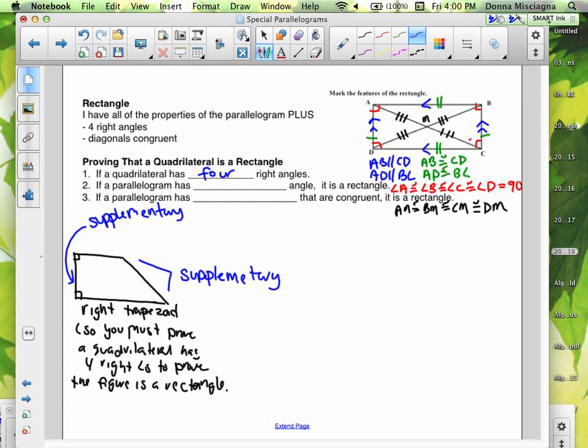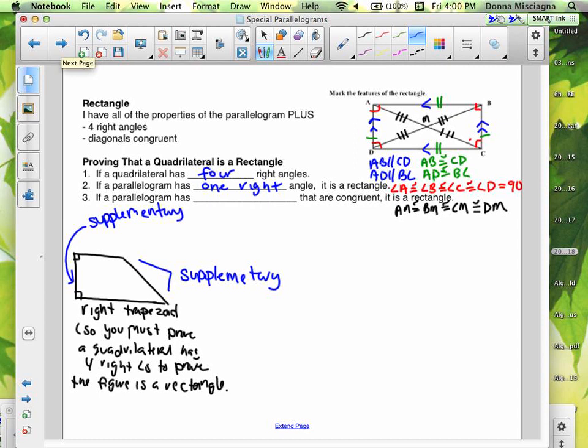It only has 1 pair of parallel sides. All right? So that's one way: if you prove a quadrilateral has 4 right angles. Or if you prove a parallelogram has 1 right angle. Any old quadrilateral with 4 right angles is proven to be a rectangle.